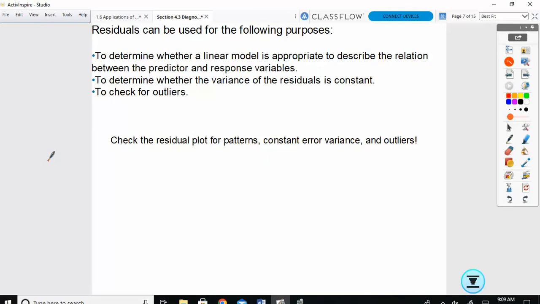So here's what residuals are useful for. Three different things. To check if a linear model is appropriate, to determine if the variance of the residuals is constant. In other words, was our line really good at the beginning, but when our points get big, is the line becoming less accurate?